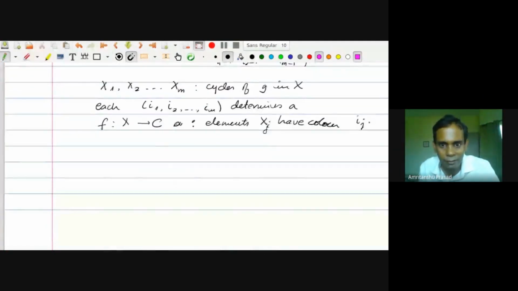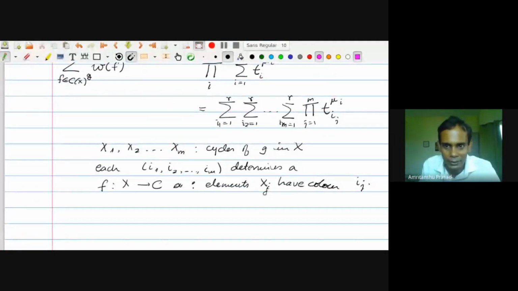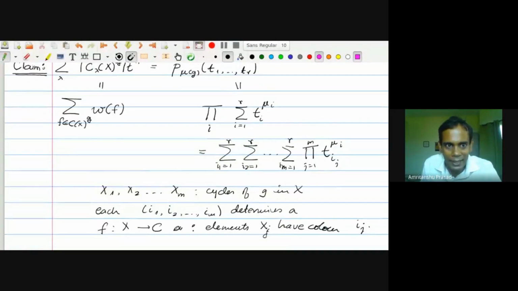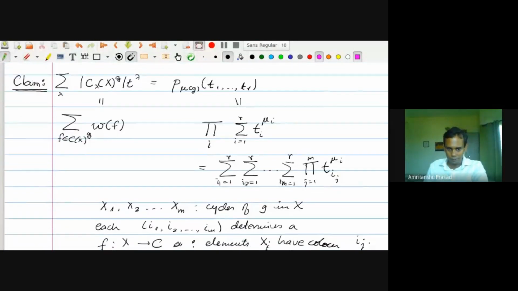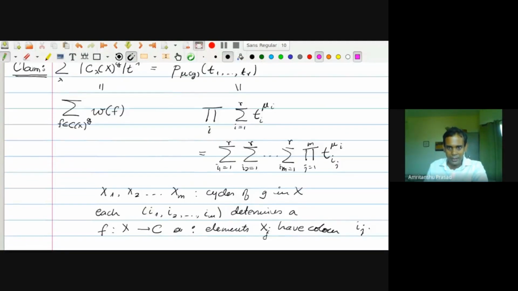So if I want an invariant coloring, I need to put all the elements the same, and that is exactly counted by this. You're choosing which term from each factor determines the color that you put on the cycle.